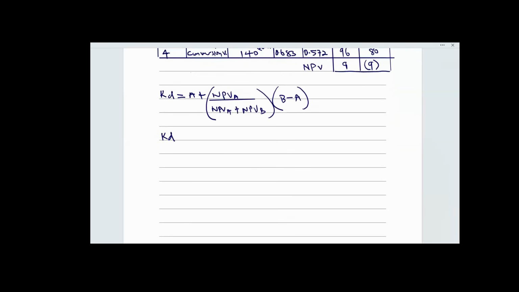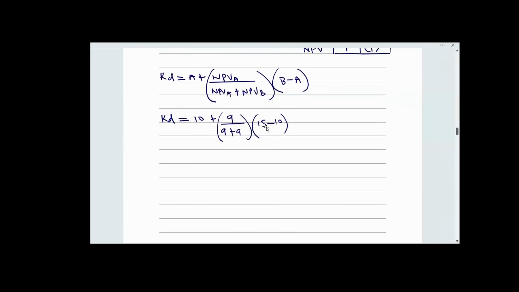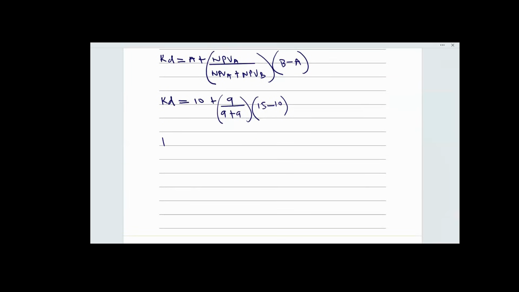So cost of convertible debenture equals 10 plus 9 over 9 plus 9, multiplied by the higher discount rate of 15 minus the lower discount rate of 10. 9 divided by 18 is 0.5. 0.5 multiplied by the difference between 15 and 10, that's 2.5. 2.5 plus 10 is 12.5.